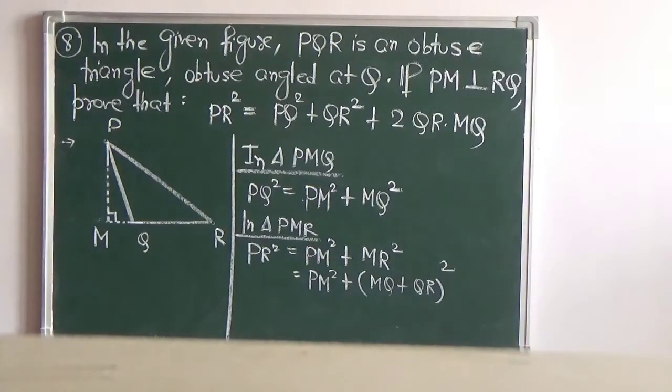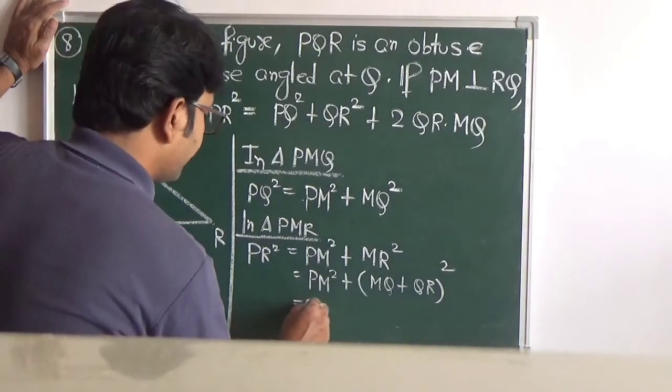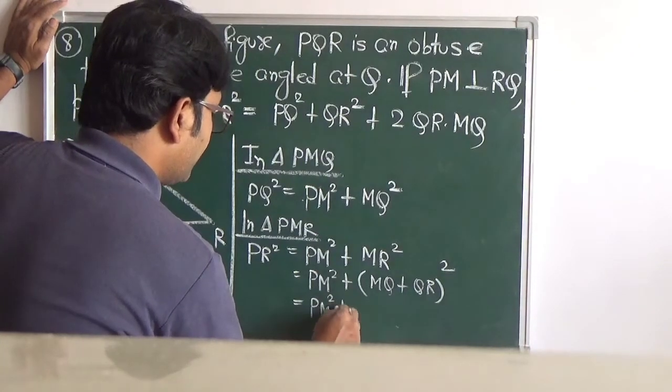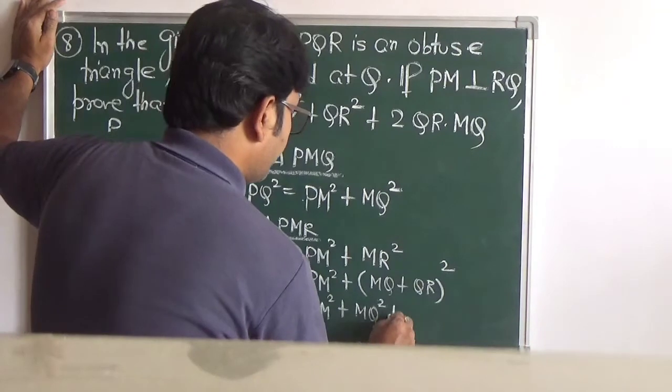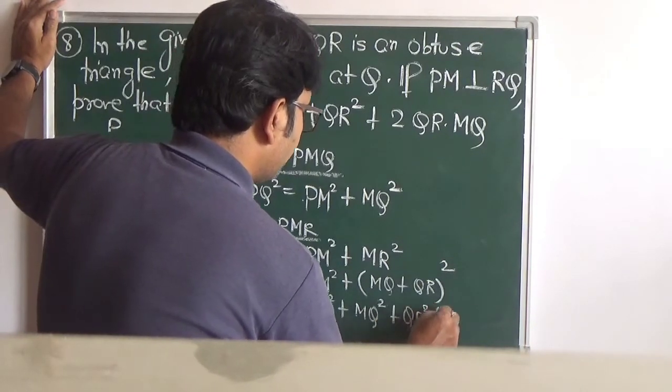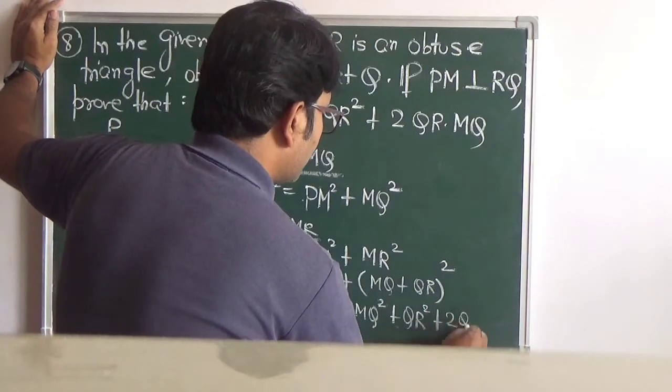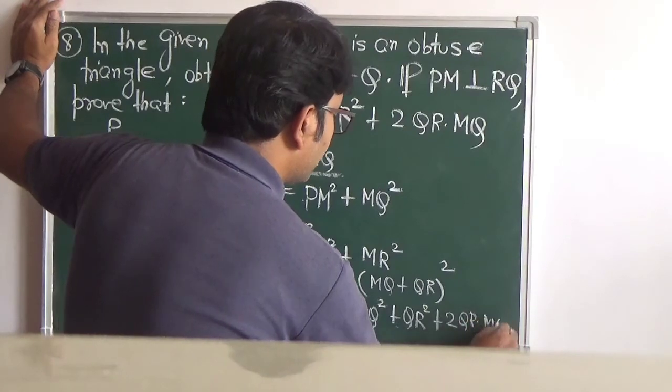Now we can expand this. We have PM square plus MQ square plus QR square plus twice of QR dot MQ.